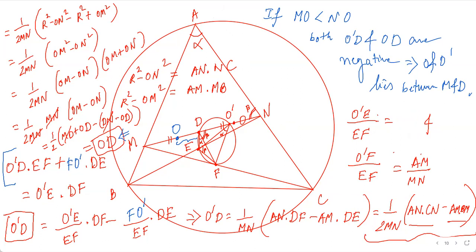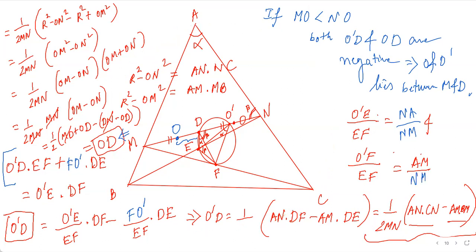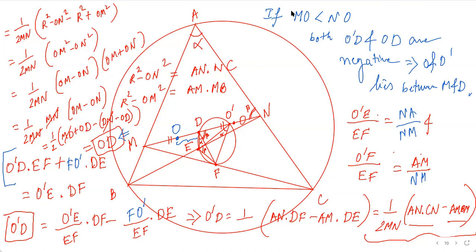Let's write this as NA by NM, and AM by NM, and here we have NM, and we have NA, DF, AM, DE. Now let's check. So DF, DE, fine.